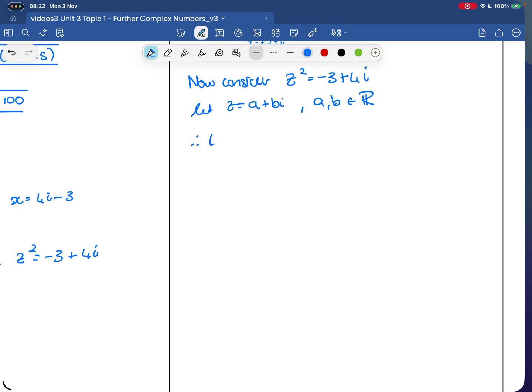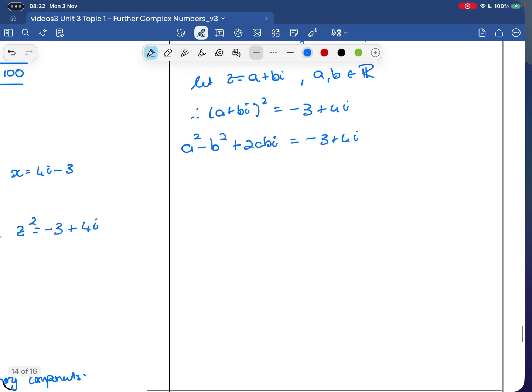So therefore my a plus bi squared is going to be negative 3 plus 4i, and a squared minus b squared plus 2abi is negative 3 plus 4i. And again, we're going to equate our real and imaginary components.